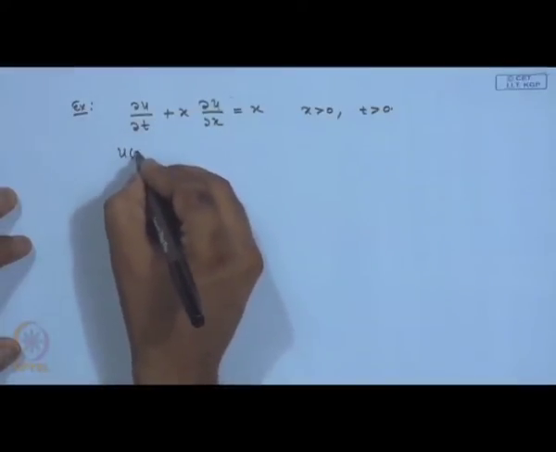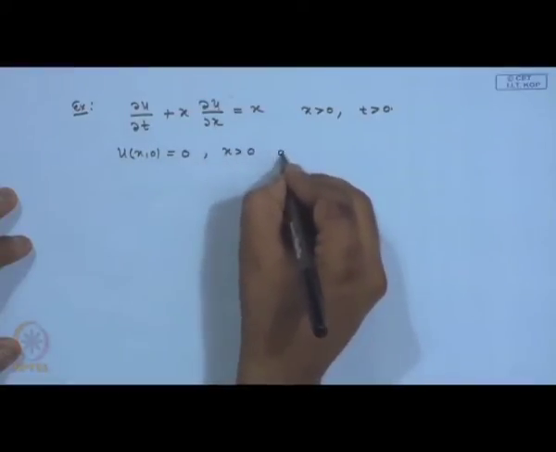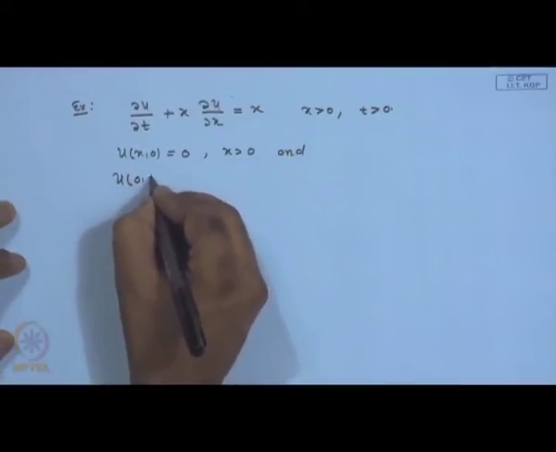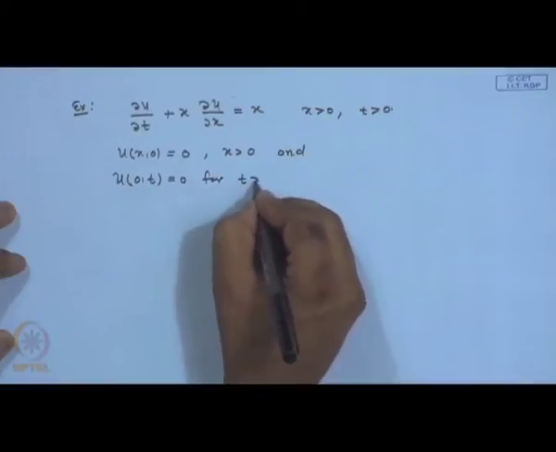So, we have these conditions: u(x,0) is 0 for x positive and u(0,t) is 0 for t positive.